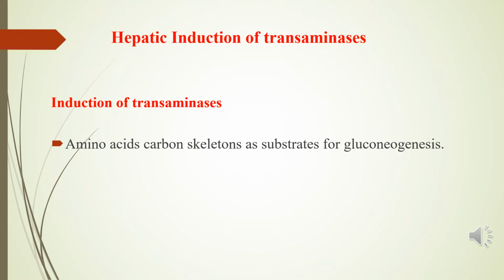So, as we know, amino acid transamination gives the amino acid carbon skeleton, which serves as a substrate for gluconeogenesis. This action is produced by cortisol, but we have testosterone, which is a stimulant of protein formation. So cortisol may lead to amino acid and protein catabolism, but testosterone produces the reverse effect.